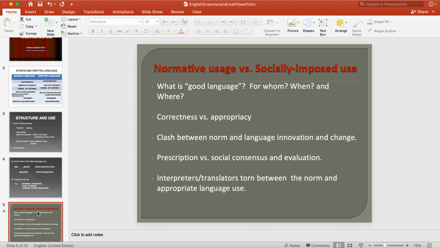There is a clash between the norm we hang on to and how language changes, and also this tension, if you like, between prescription, what we should do and should say in terms of language, and the social consensus and evaluation that somehow there is in a particular community among users of a particular language or variety of the language, in terms, again, of what is appropriate or inappropriate.